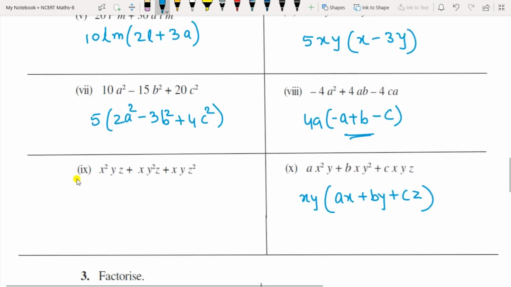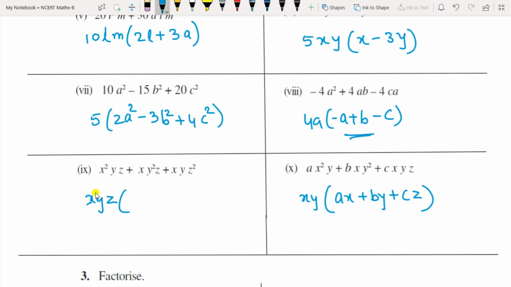This one, now it is a trinomial or polynomial you can say. So now which terms are common here? You can see x is there. Take the least power of x, take the least power of y, and z is also there in each of the terms, so z is also common of the least power.